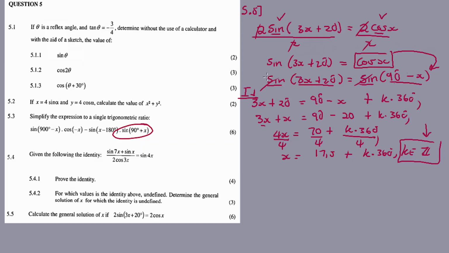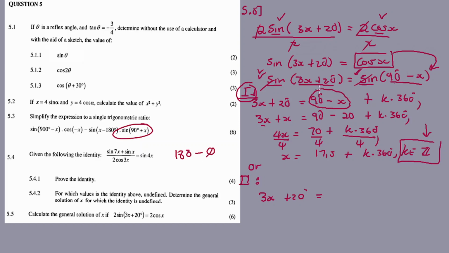Right, where else is sine positive? On the first quadrant we know sine is positive. On the second quadrant as well, sine is positive. So on the second quadrant we get another general solution. 3x plus 20 equals, on the second quadrant, 180 minus the angle.